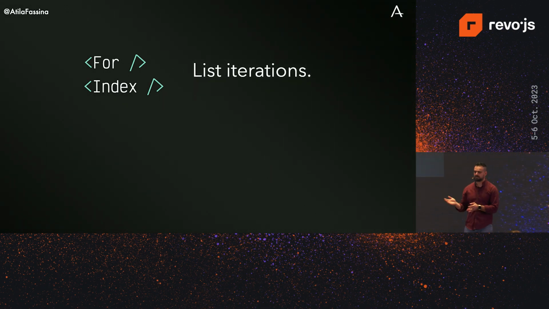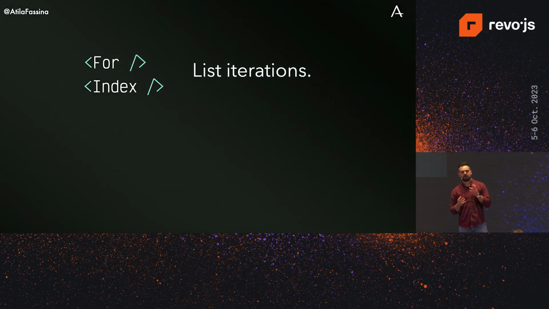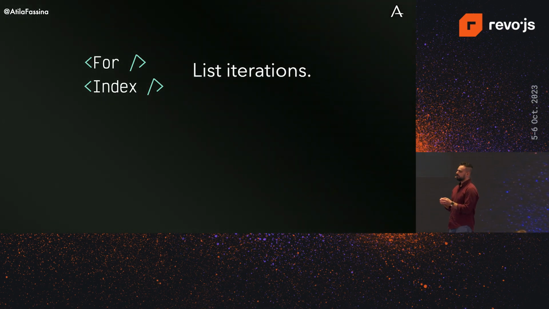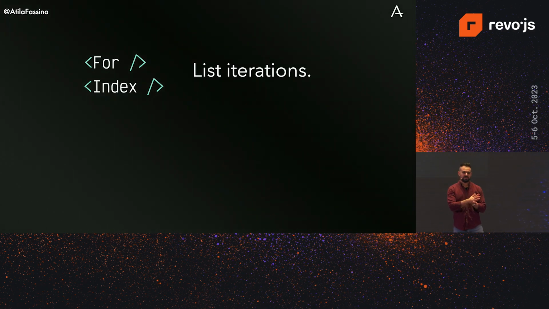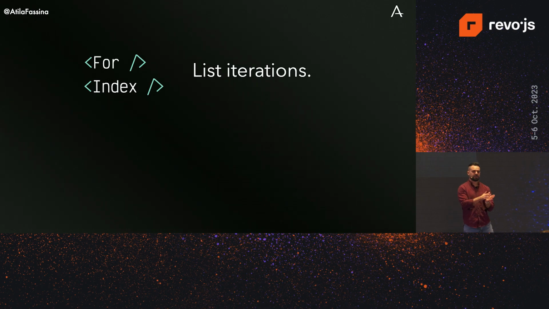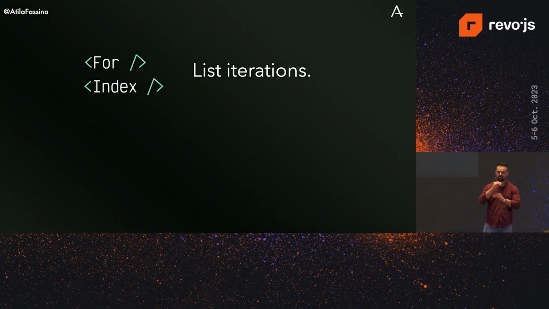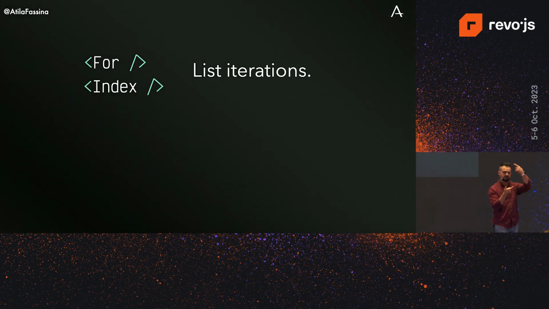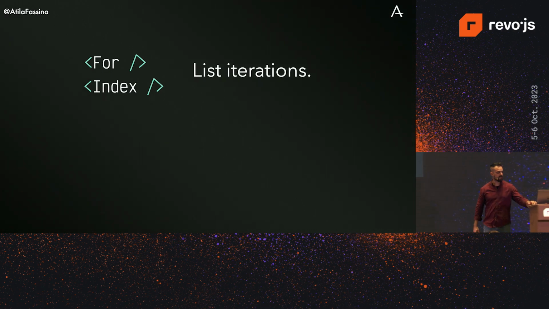So what For and Index do is essentially memoize or persist or protect the reactivity, so they store the values or the index of your array in a reference, and then when you change, either you just change the order without re-rendering anything, or you just change the content of one item without re-rendering the whole list. So that's why we have these components as helpers.